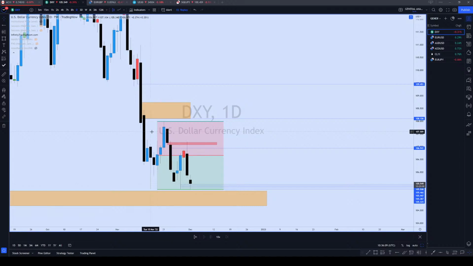So here, because we have this range, price is definitely going to retrace and then expand outside the range to the downside, and that's what you're seeing here. Okay, so when that happened, we go on to the foreign currencies and start looking for the opposite, when we start looking for a buy.